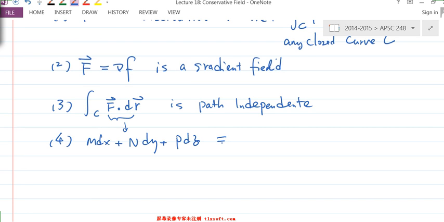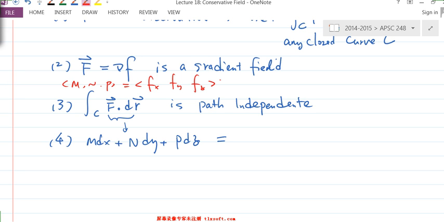At the same time, we have the second statement. What is the second statement? It says this vector field comes from the gradient vector. So basically M, N, P equal Fx, Fy, and Fz.